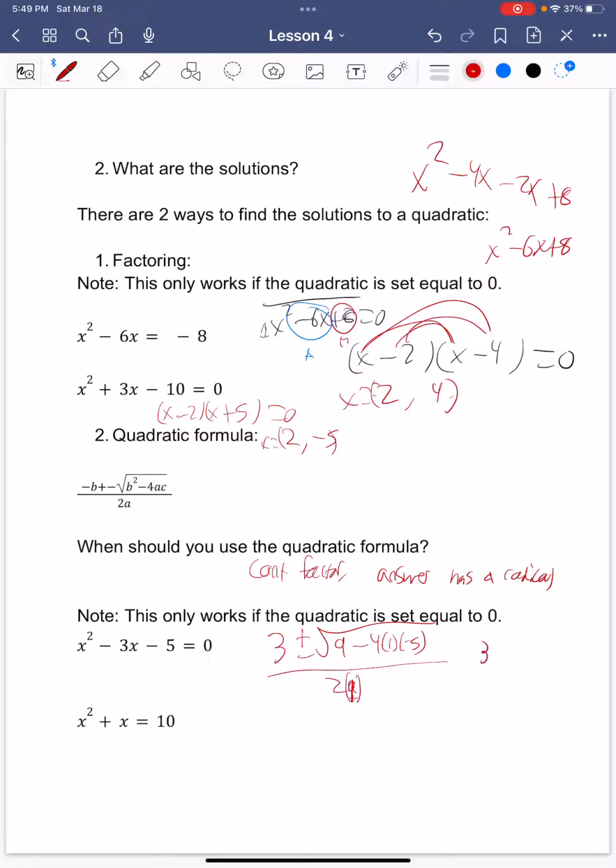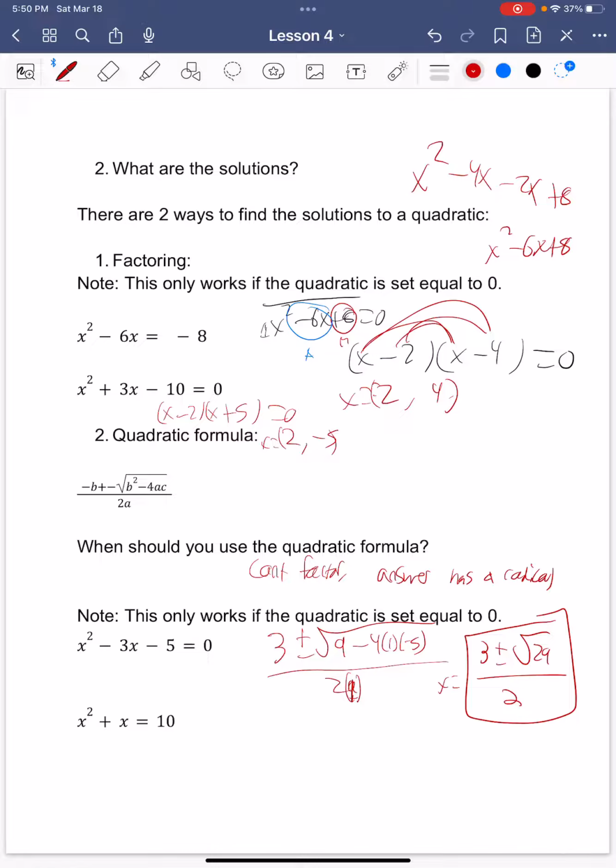So we have negative 3 plus or minus the square root of 9 minus negative 40. So 9 plus 40 is 49 over 2. Now there's two solutions. This is when you have negative 3 plus the square root of 49 over 2, and you have negative 3 minus the square root of 49 over 2. Those are the two possible solutions.